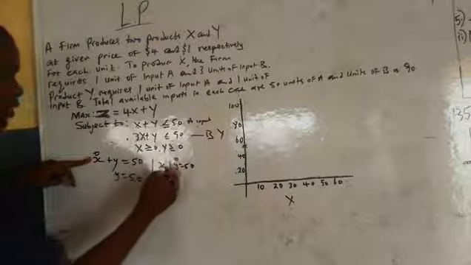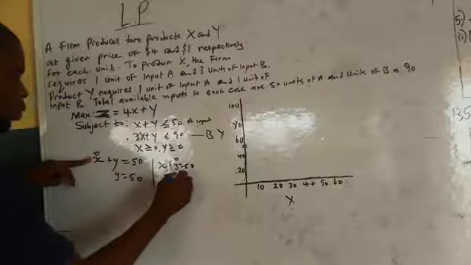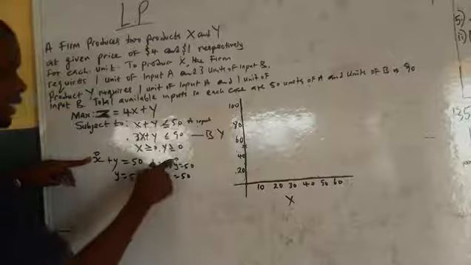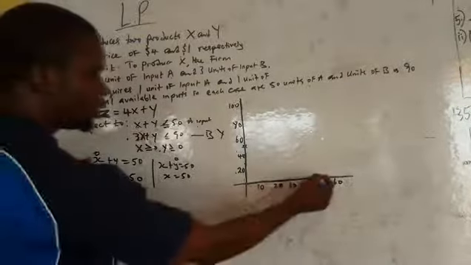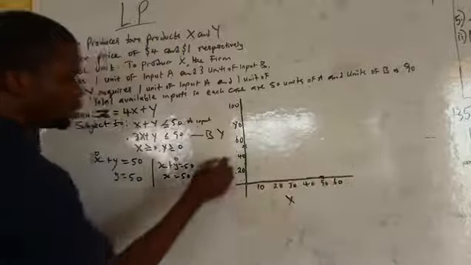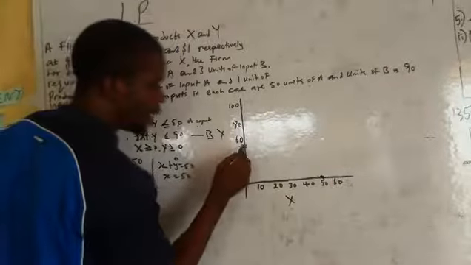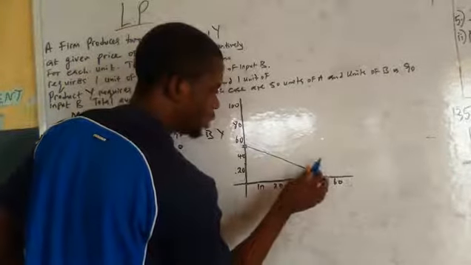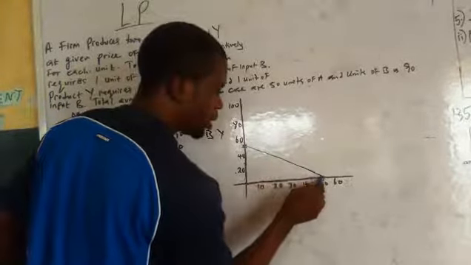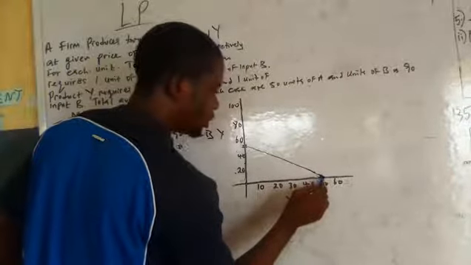My Y is now 0, so my X will also equal 50. So these 2 points, I join together. Don't forget, use your ruler to do that.